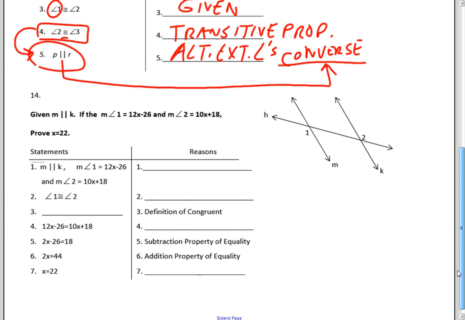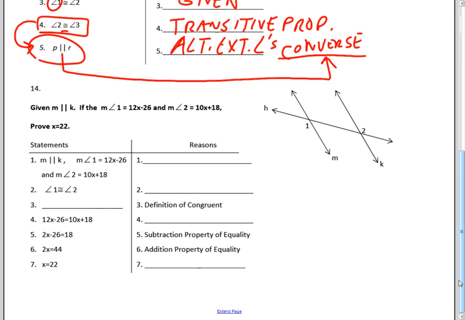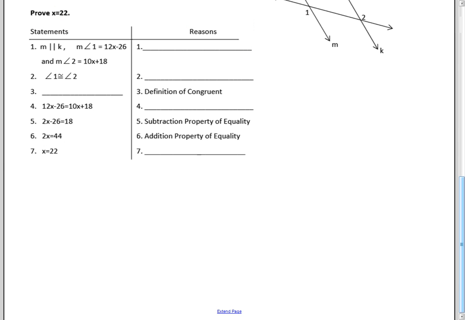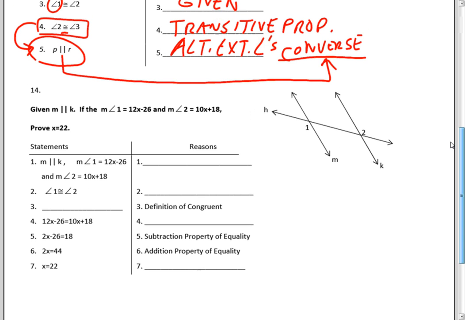Number 14 is a combination of a formal proof and an algebraic proof. Make sure everything ends up over here. That includes algebraic expressions. Everything is together here on one line, so we can just write one given.